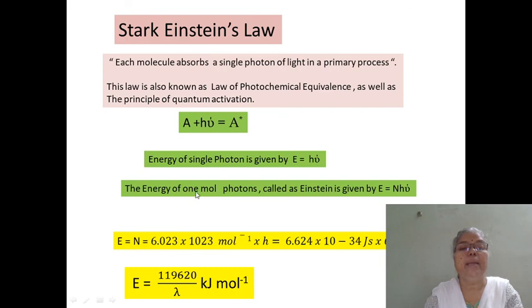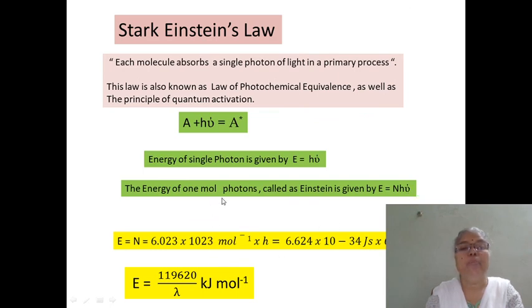Then the energy of one mole of photons is called the Einstein energy, and it is given by N h nu, where N is the Avogadro number, again h is Planck's constant and nu is the frequency. And all of you know the frequency is nothing but the ratio of c by lambda.